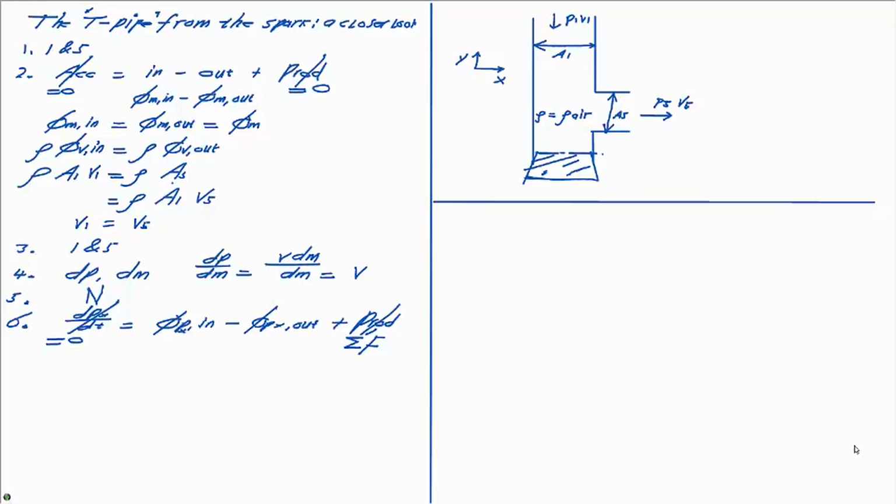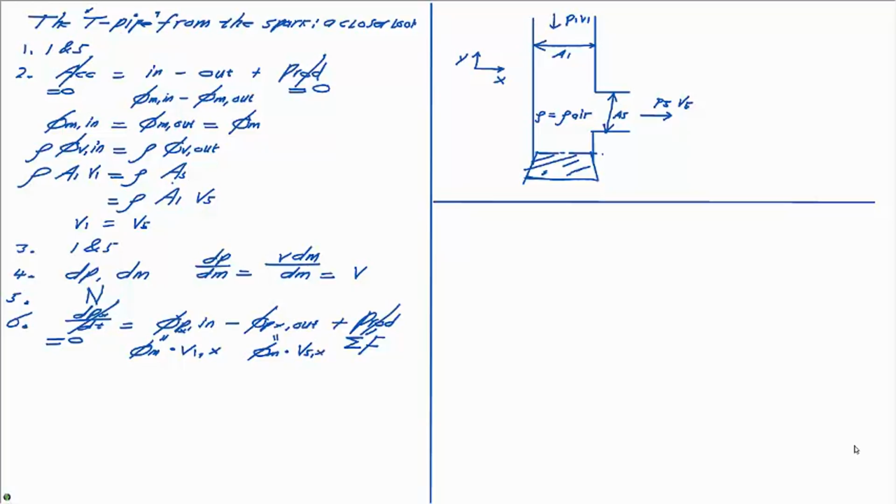And then we can also rewrite the inflow of x momentum as the mass inflow times the momentum per unit of mass, and this is the velocity. And then the velocity is the x component of v1, and something similar for the outflow, phi m times v5 x.